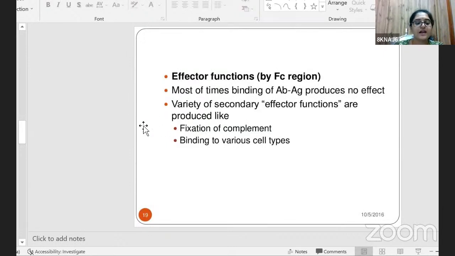It consists of the CH2 and the CH3 domains of both the heavy chains. So antigen specificity of the molecule resides in the FAB region, and the biological function is because of the FC, that is the crystallizable fragment region.